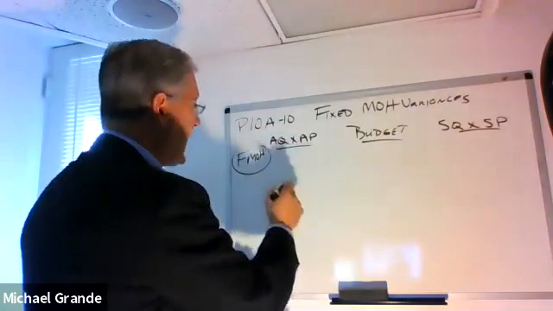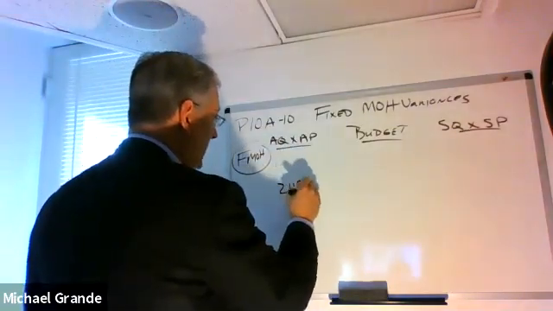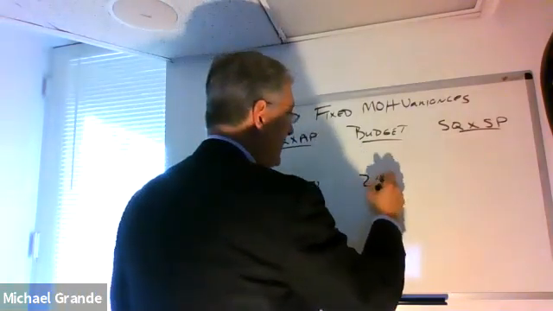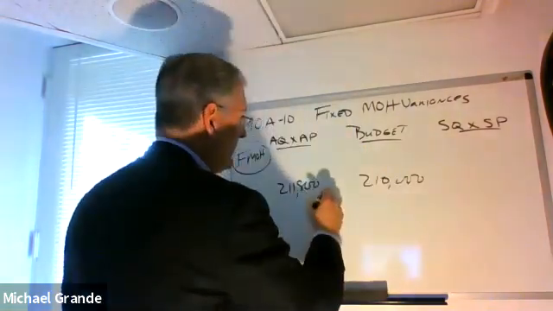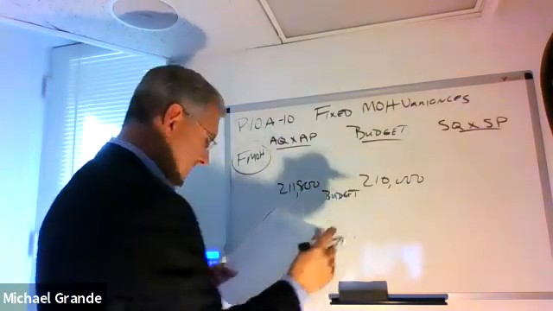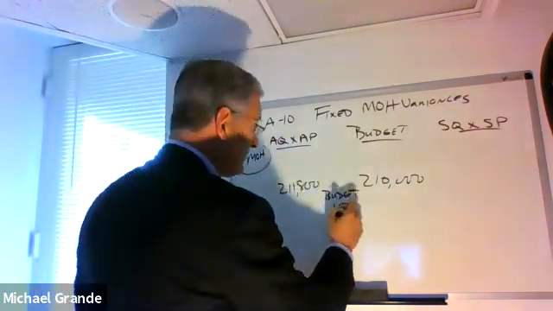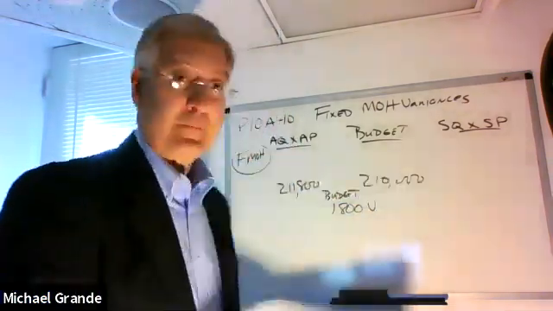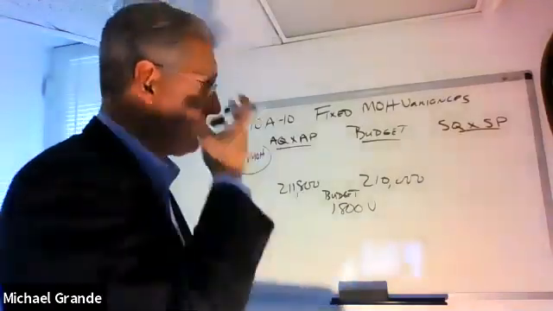They give us the actual number as 211,800. They told us the budget was 210,000. So we have a budget variance of $1,800 unfavorable.